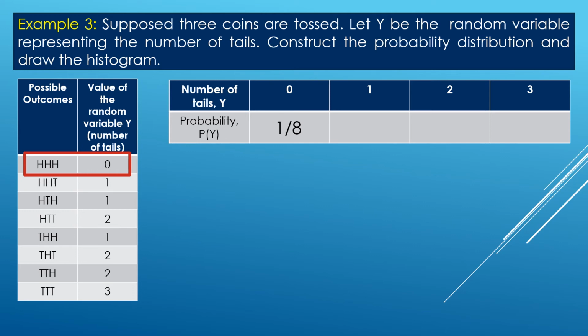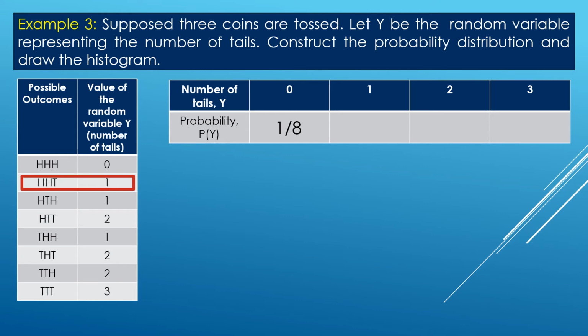So we will write 1 over 8. Where did we get 8? The total number of outcomes is 8. Let us check: 1, 2, 3, 4, 5, 6, 7, 8. So there are 8. So we have 1 over 8.